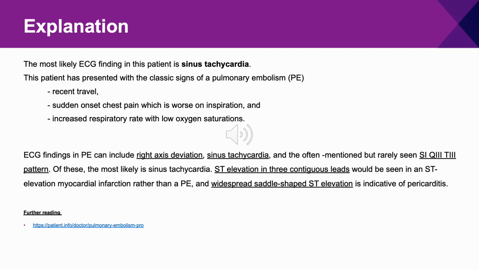Of the 5 answers, the top 3 can present with PE, but out of them, sinus tachycardia is the most likely. The 4th one is more of a finding for myocardial infarction, and the 5th one is indicative of pericarditis. There was also a further reading, which is given herewith.